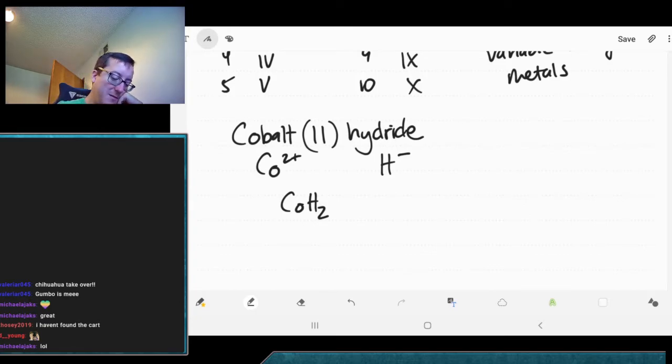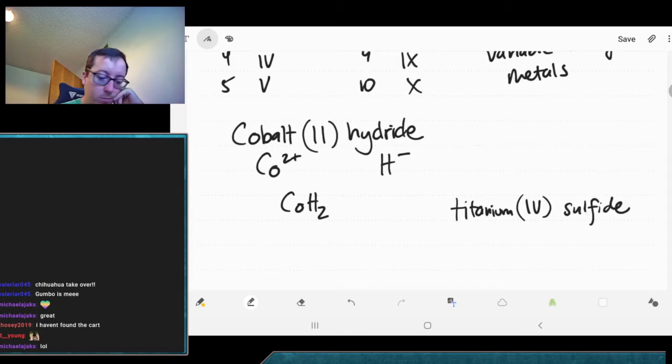And if we have, say, I don't know, how about titanium 4 sulfide. Well, that is Ti4+. Remember, the parentheses number tells you the charge of the metal.